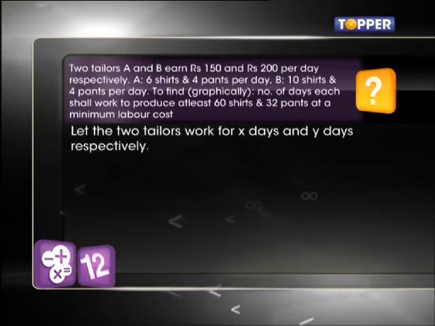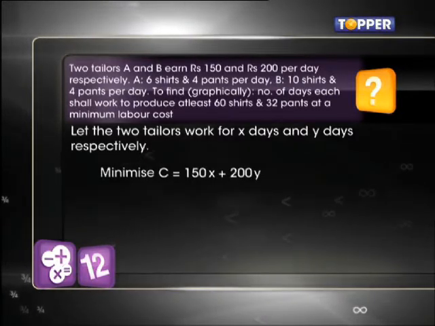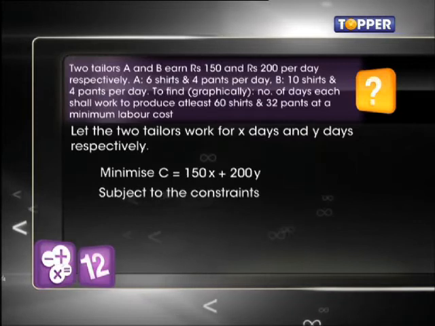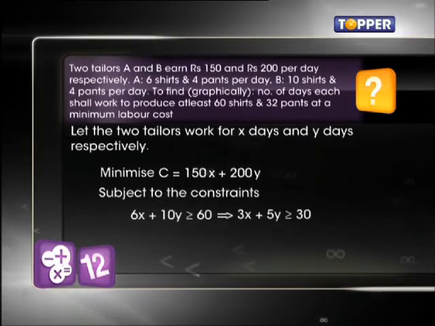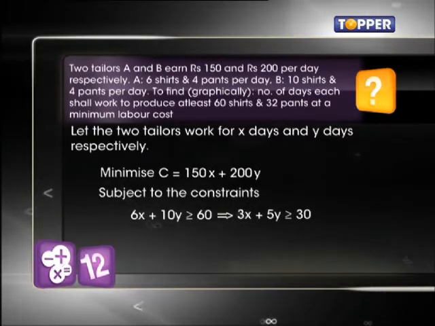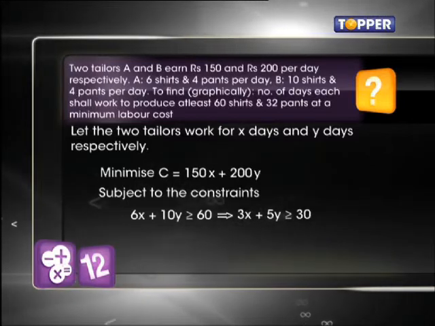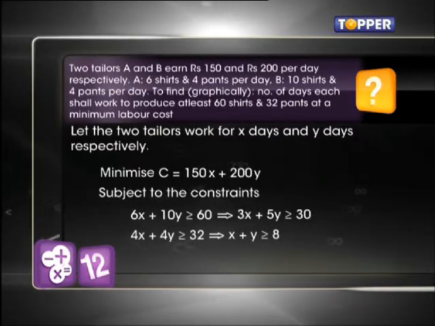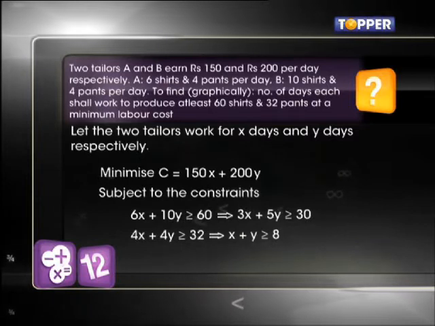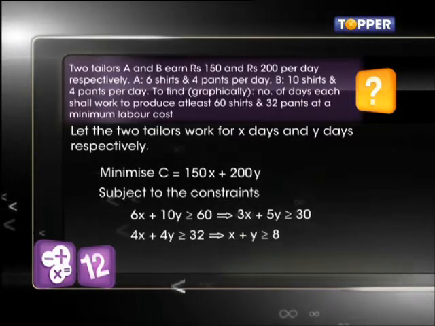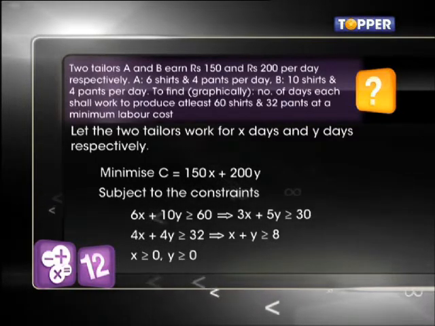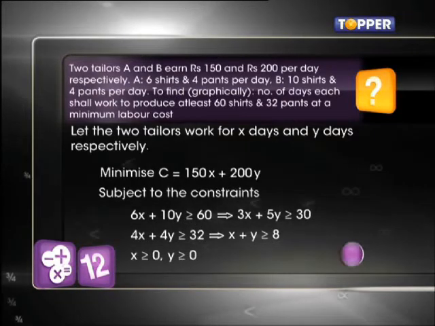Then our problem is to minimize the objective function C = 150X + 200Y, subject to the constraints 6X + 10Y ≥ 60, which means 3X + 5Y ≥ 30, 4X + 4Y ≥ 32, which means X + Y ≥ 8, and X ≥ 0, Y ≥ 0.